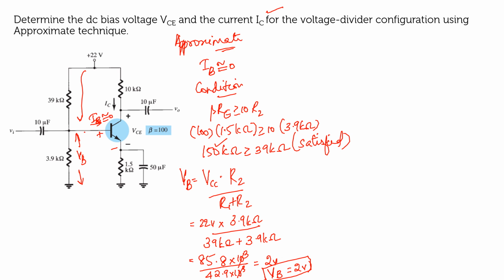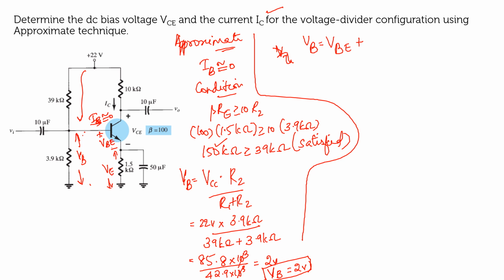But you know that this voltage is equal to VB, and if I take this voltage as VE, I can find out what is your VE. Let me write the total voltage. I can write VB is equal to VBE plus VE.